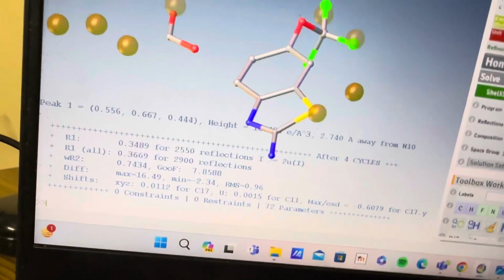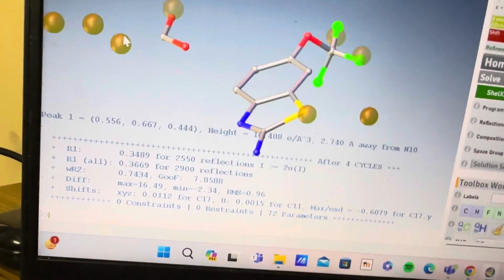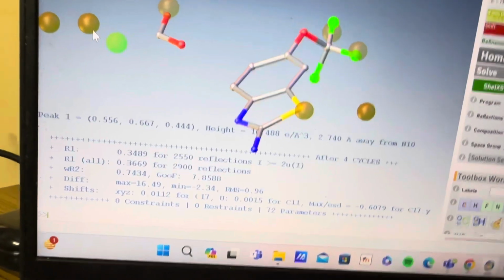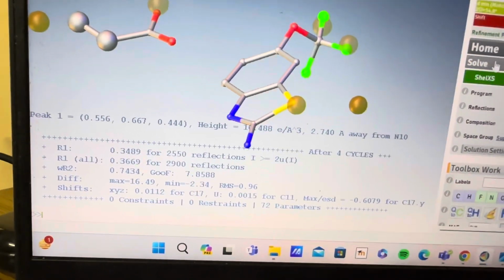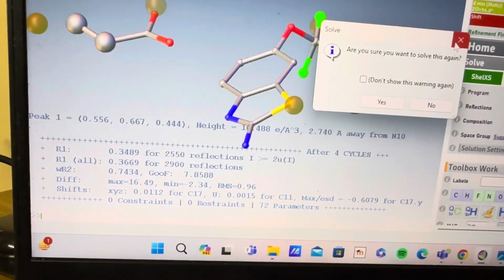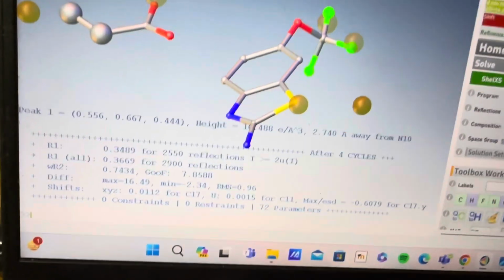If we refine, it will show up like this. Now there should be 3 carbon atoms in total, so that's this. So I click on refine again.